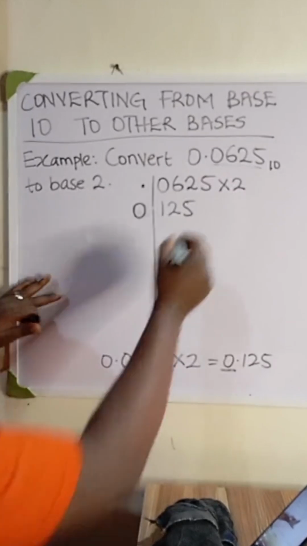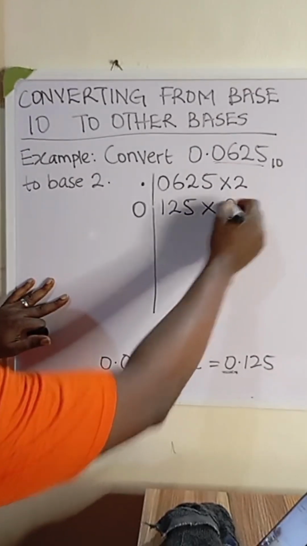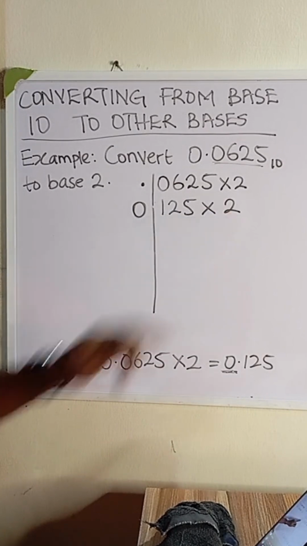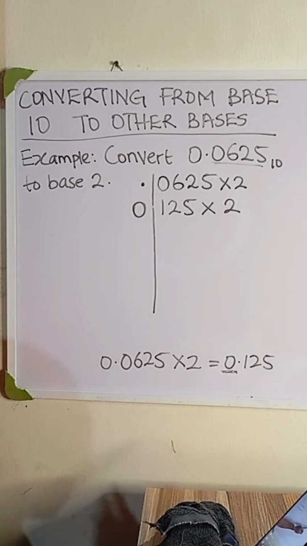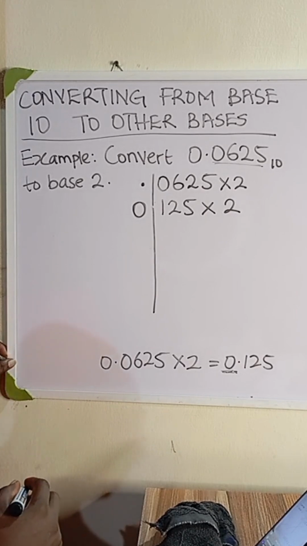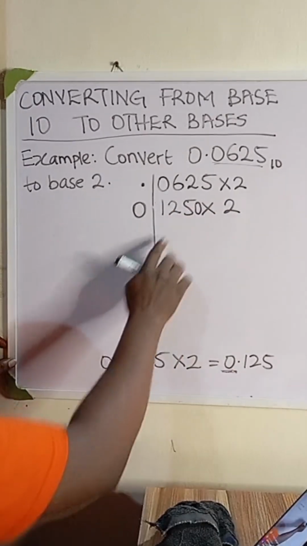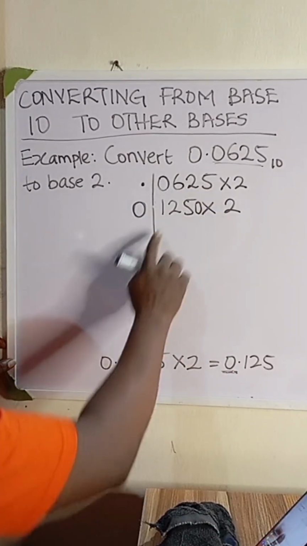And then you multiply again by 2. So you are multiplying 0.125 by 2. What will you get? 0.25. Let's maintain this 0 here. Let's maintain 4 digits: 1, 2, 3, 4.